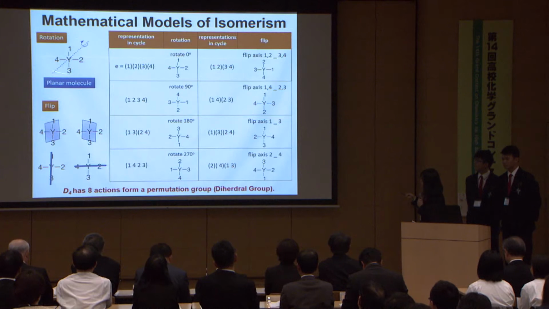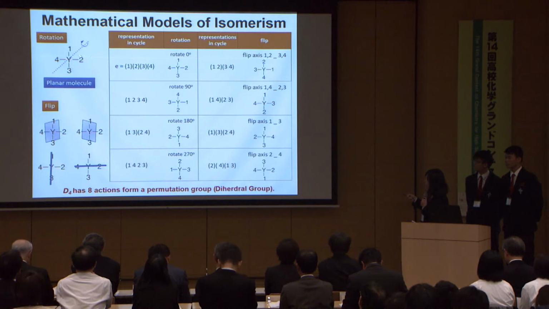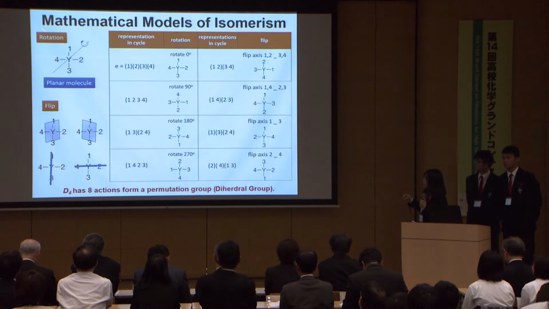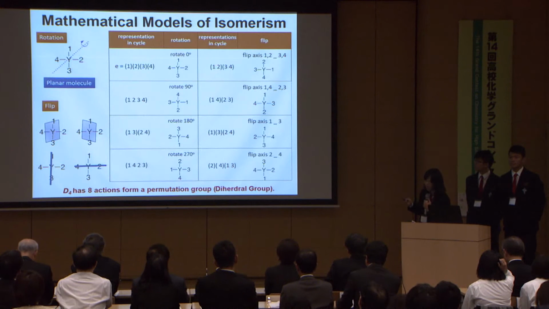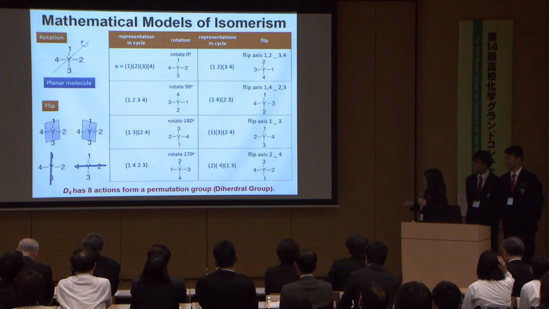Take this structure for example. This is a planar structure, and we number the positions 1, 2, 3, 4. If we have i choices on every position, then we will have i to the power of 4 different structures.